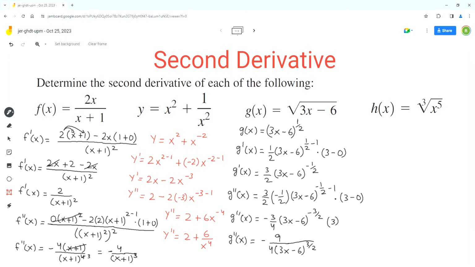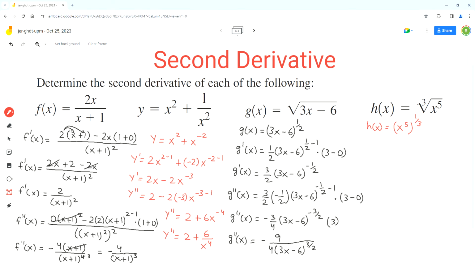Now we can analyze the last one. So we are given the function h at x equals cube root of x exponent 5. So the first step is to change this radical into a rational exponent. So we can rewrite this as x exponent 5, and then parentheses 1 over 3.